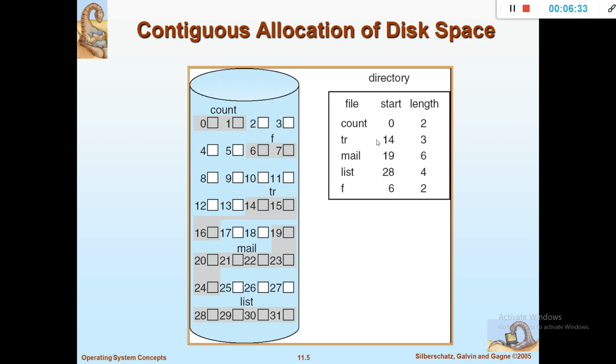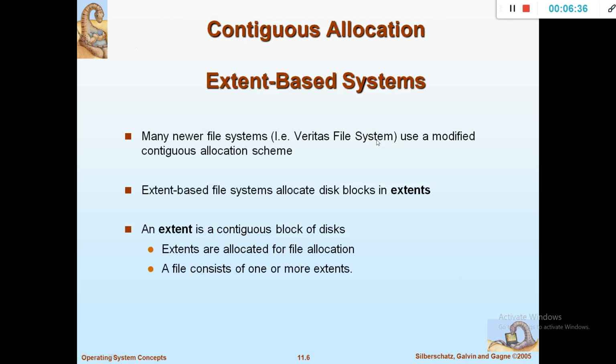To overcome these problems, we are going to use a method called the extent based system. Extent based system means some free holes are going to be maintained, and that part we call an extent. Many newer file systems use a modified contiguous allocation scheme. Here an extent based file system allocates the disk blocks in extents.